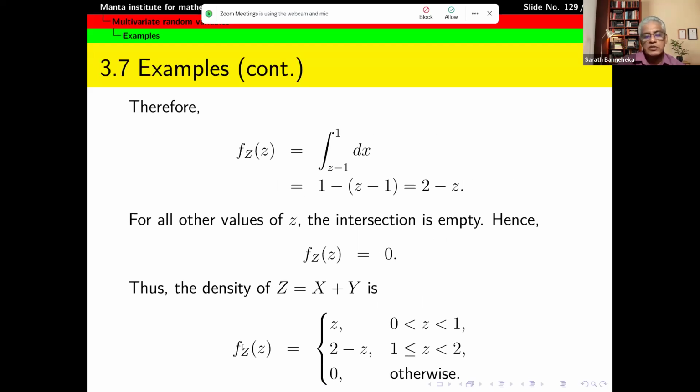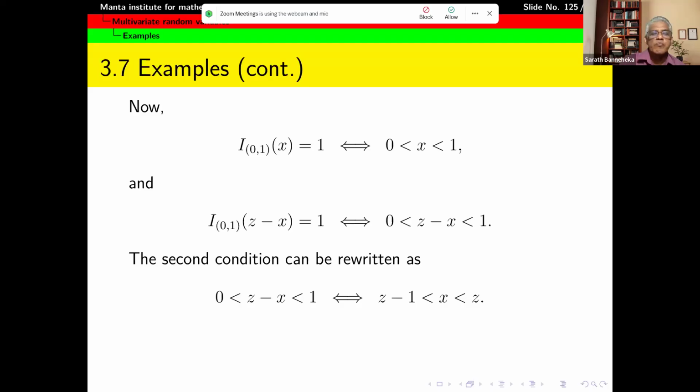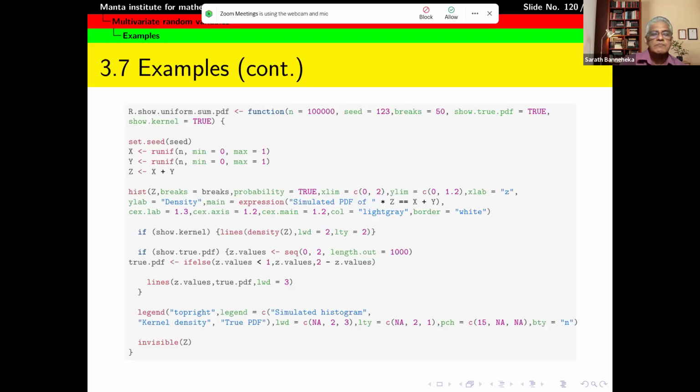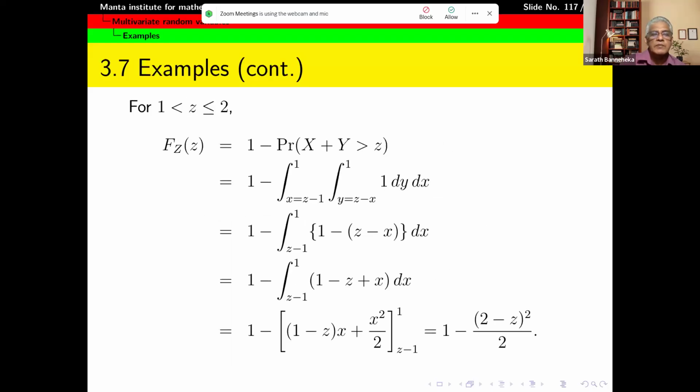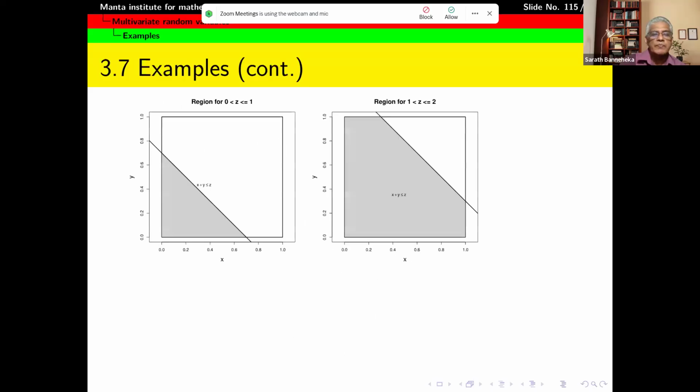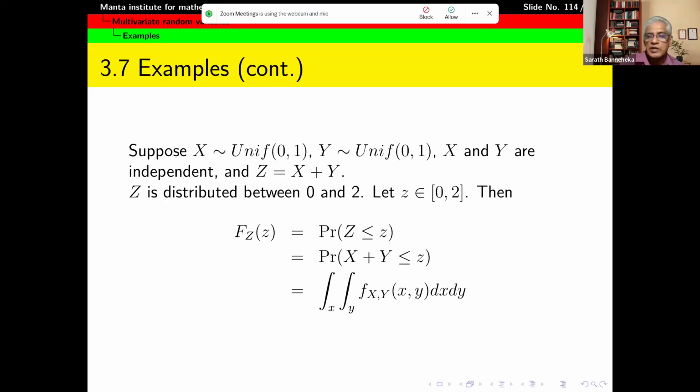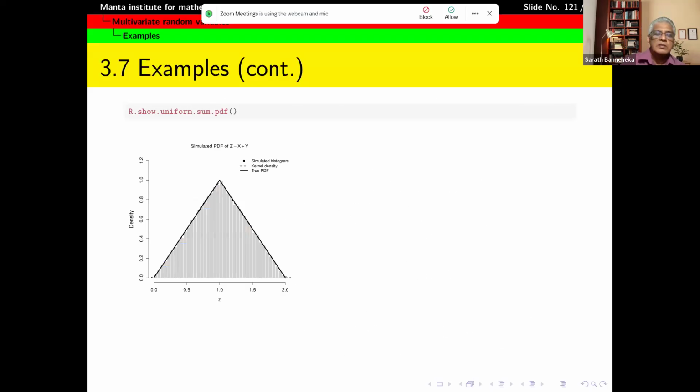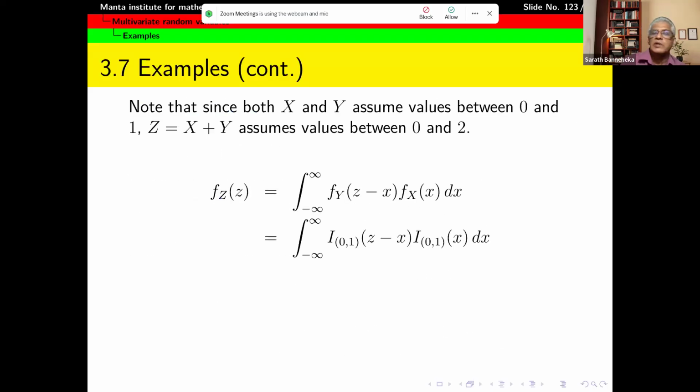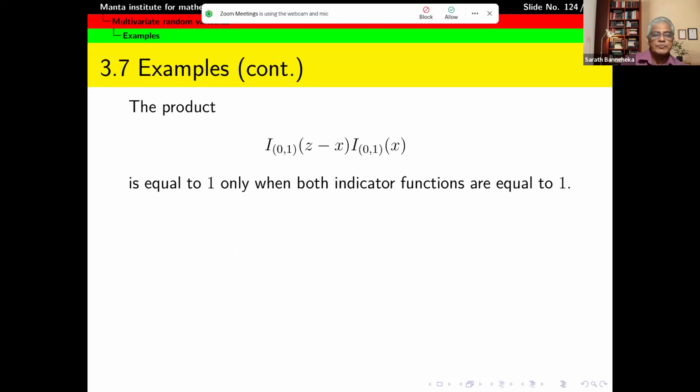Therefore, I can write down the density of Z as this in two parts, which is the same as that we obtained earlier. There I started with the cumulative distribution function and then differentiated the cumulative distribution function to get the density. But here, directly applying the formula.